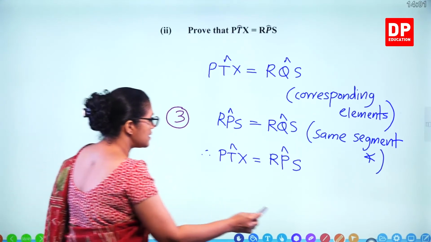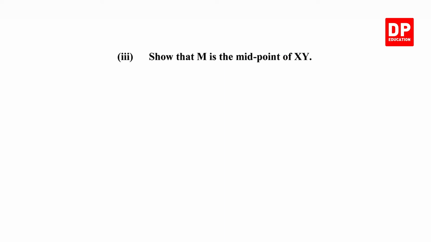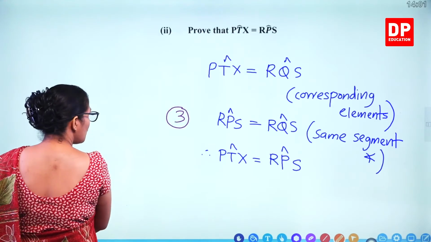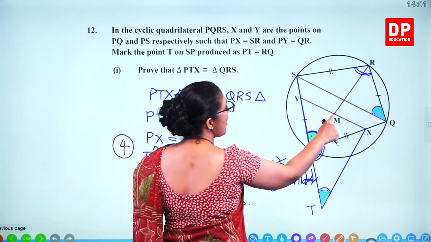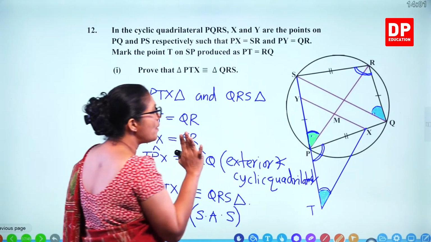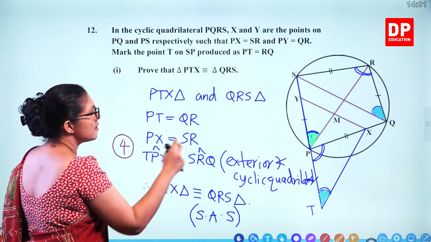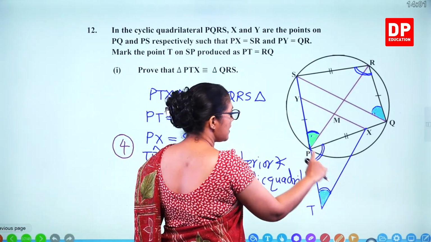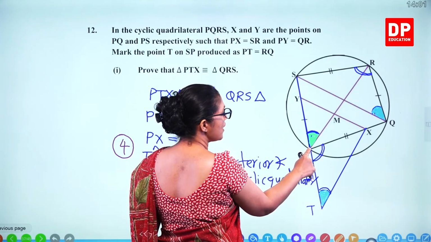Now we'll take the last question. Show that M is the midpoint of XY. You look at the diagram. So we have to show this is the midpoint of XY. Now we'll take YTX triangle. So this is the midpoint. These two lengths are equal. This is the midpoint.